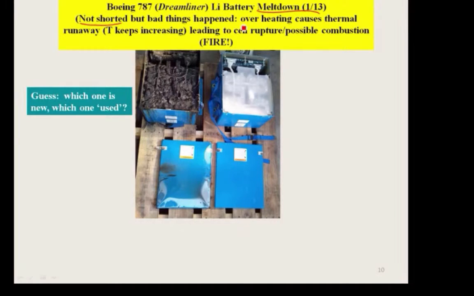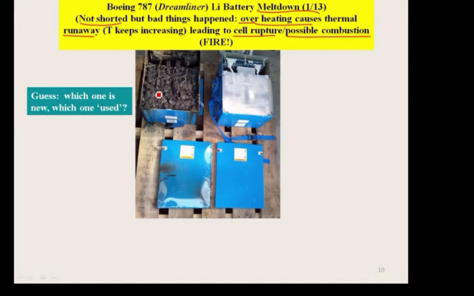So what happens in these particular batteries is it overheated. This causes what's called a thermal runaway. So in other words, as long as you keep the load on there, the temperature keeps increasing. Well, what that did was it led to cell rupture, and in some cases it led to combustion. And in one of the accidents reported, they actually had a fire.